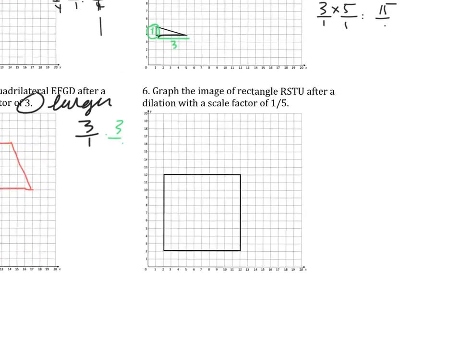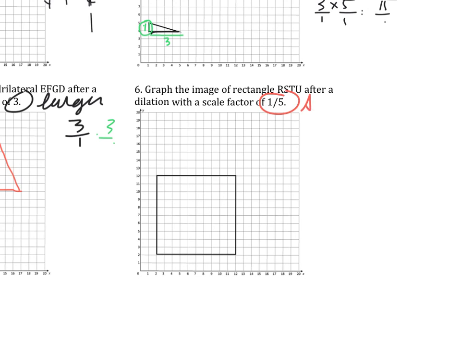Okay, and this one, it's going to be smaller by 1/5. So 1/5 times whatever this is, and 1/5 times whatever this is. 1, 2, 3, 4, 5, 6, 7, 8, 9. This is 10.